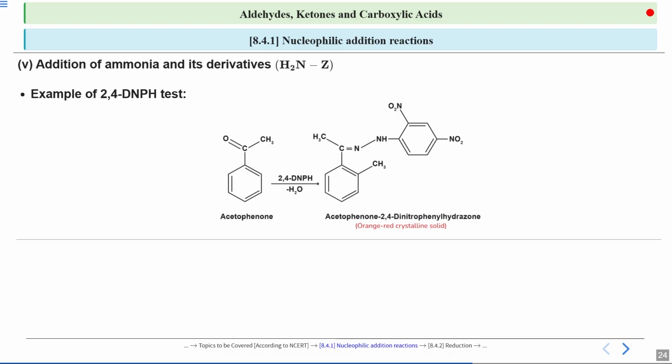And one more piece of information: alcohols, esters and carboxylic acids do not give this 2,4-DNPH test. So this is acetophenone 2,4-dinitrophenylhydrazone, an orange-red crystalline solid.